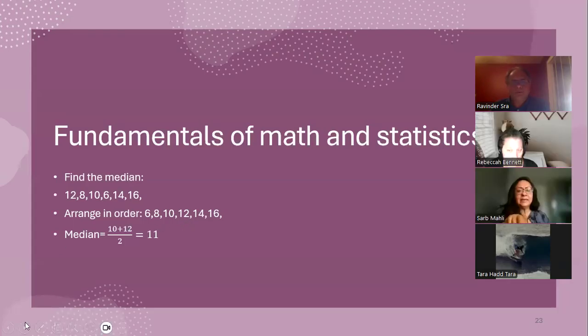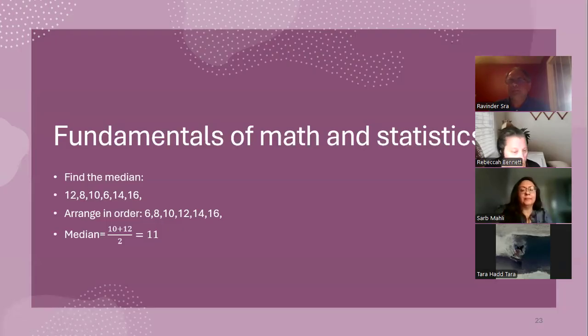Is that because 10 and 12 are in the middle of that set of numbers? That's why you added 10 and 12? No, that's in case of the odd numbers. If there is an odd count of numbers, if it's 5 numbers, then you take the middle one. If you remove the 6 from here, then the median is 12, right in the middle.